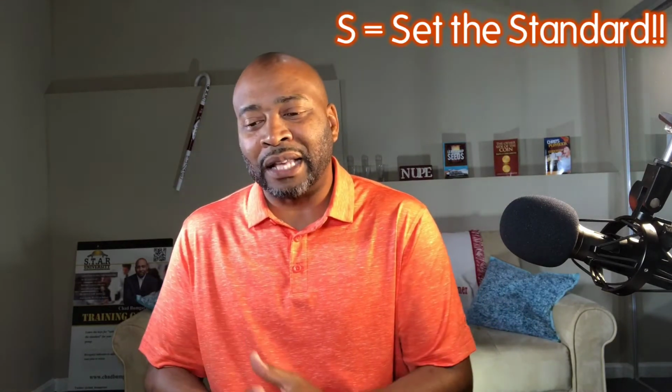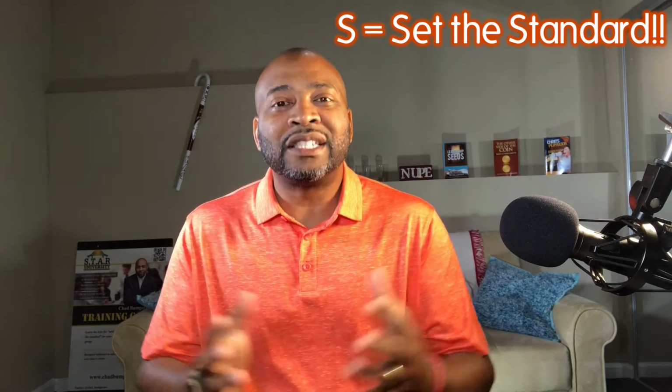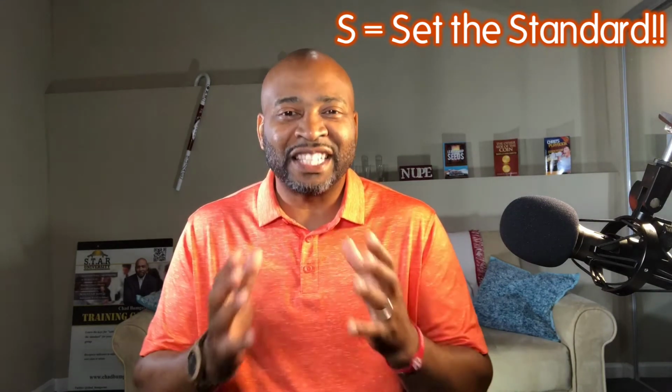So with that being said, now we're going to get into the first letter of the STAR methodology, which is obviously S. And for me, in the STAR methodology, S means standard, setting the standard. Anytime you're in a position of authority, you have to set the standard for what your team will look like and how they will work and engage with one another.